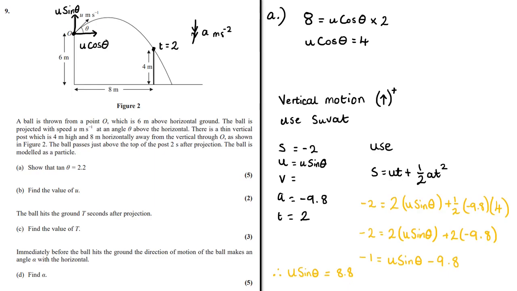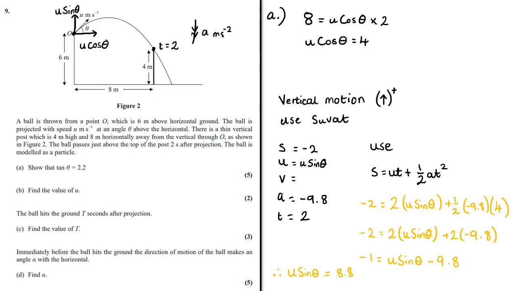Now, what we're looking to show here is that tan theta is equal to 2.2. So we somehow need to link u cos theta equals 4, u sine theta equals 8.8 to give tan theta is equal to 2.2. And hopefully you can spot straight away that we need to make use of our trigonometric identities here. If we take u sine theta equals 8.8 and divide it by u cos theta equals 4, then that will give us tan theta.